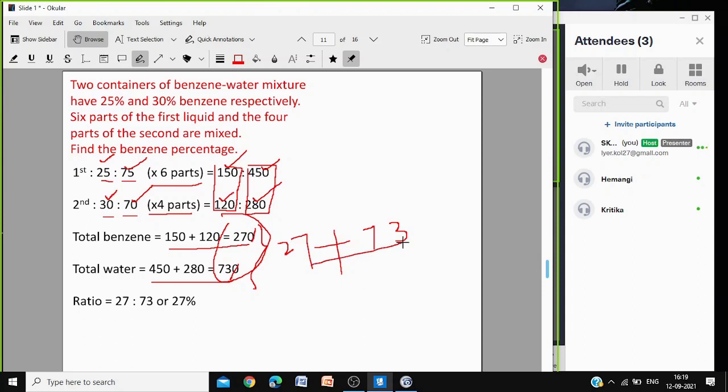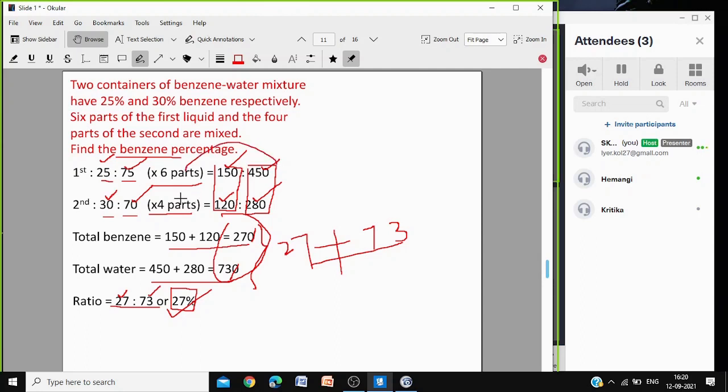The total is 100. So directly you can say 27 means 27%. If the total is not 100, then you can't say that, you will have to do the calculation. But because the total is 100, the benzene, which is the first component, is 27% and the second component 73%. For 6 parts, multiply both by 6.